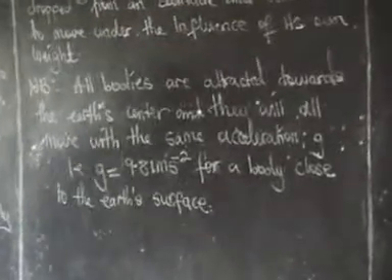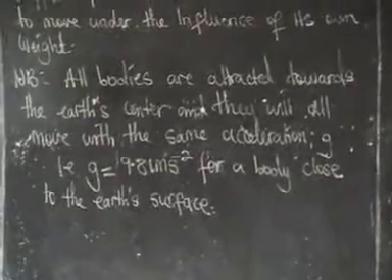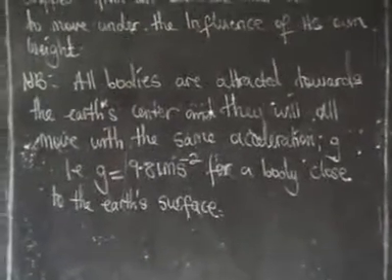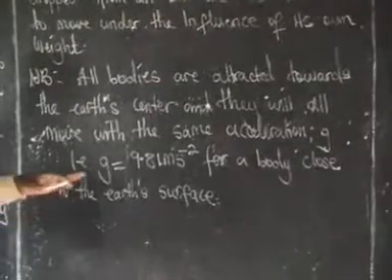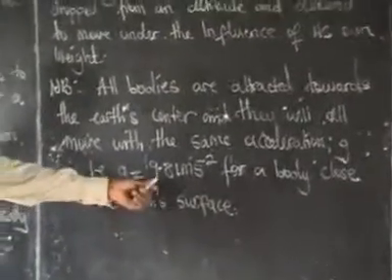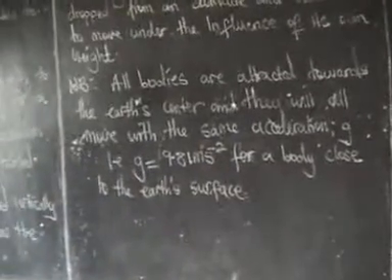So bodies will all be attracted and they will fall with the same acceleration, and that is the acceleration due to gravity. This value of g approximates to 9.81 if bodies are close to the Earth's surface.